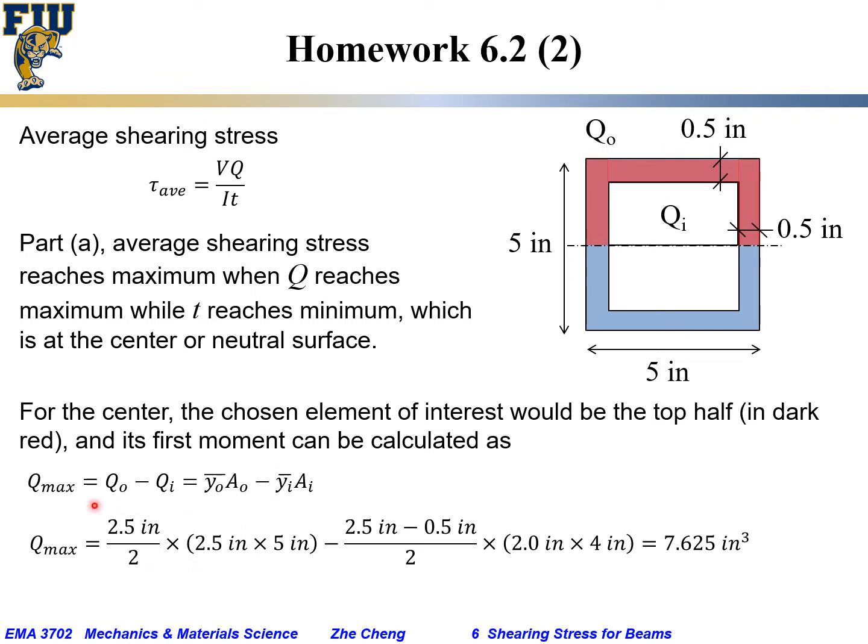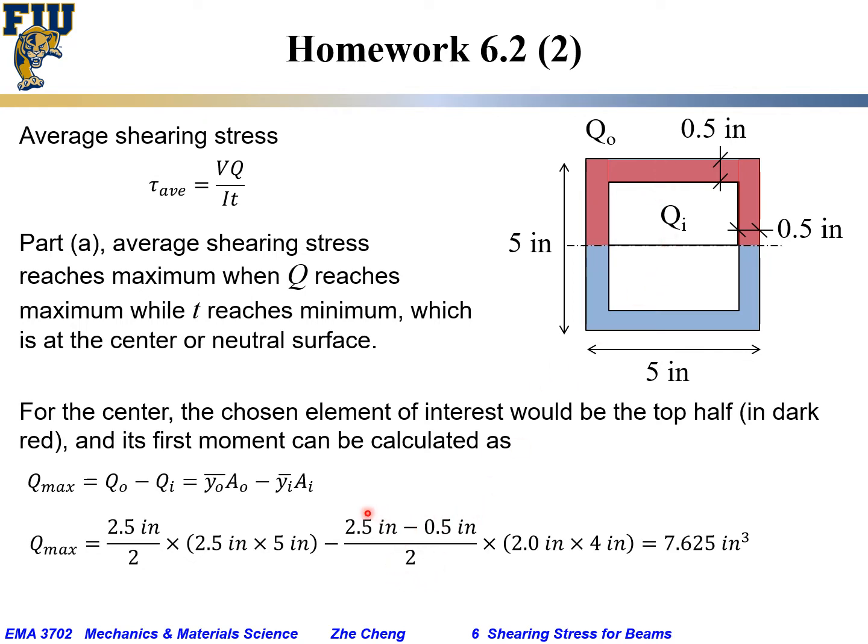This gives us the Q outer part first moment. For the inner part first moment, y bar would be the center of gravity from the top to the center, which would be 2.5 minus the thickness 0.5, which is 2, divided by 2.